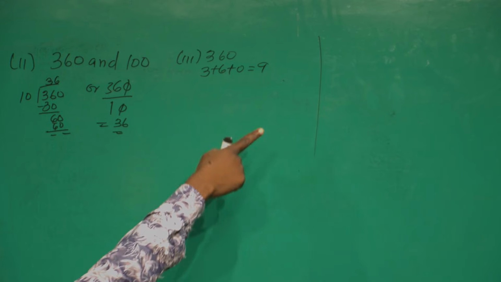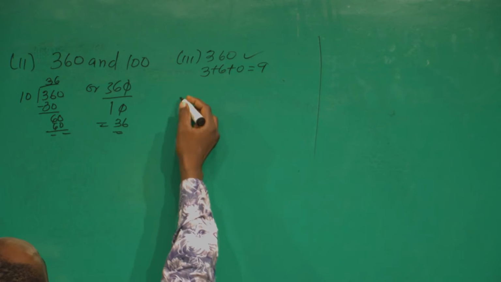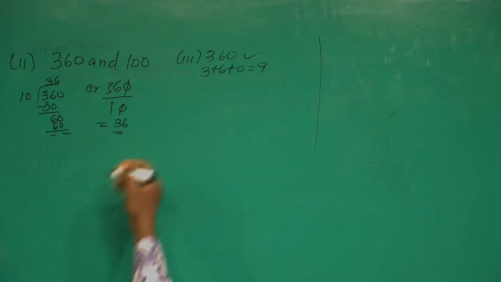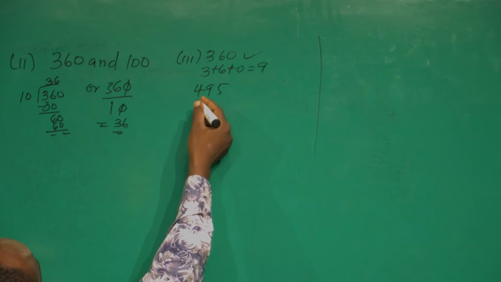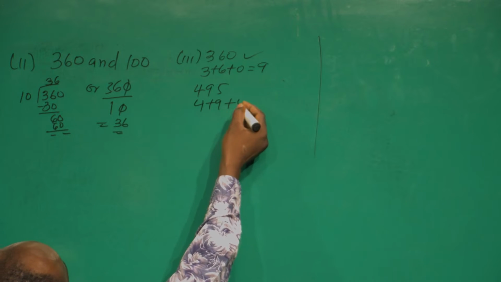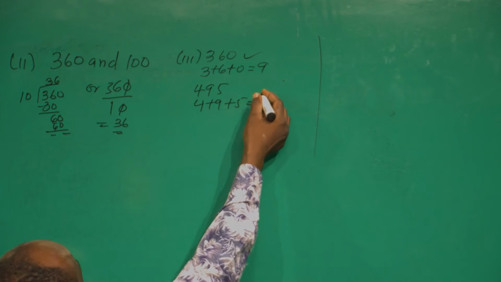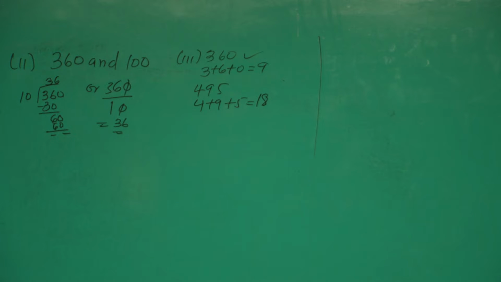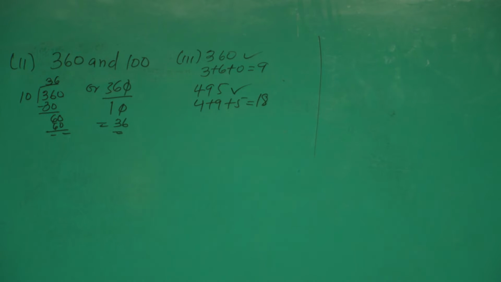And 9 divided by 9 is 1. So this is correct. Then we take the next one, 495. So 4 plus 9 plus 5: 13 plus 5, 18. 9 goes into 18. So this one too is correct.